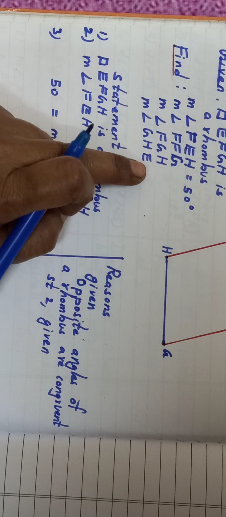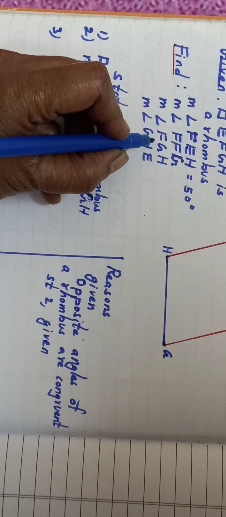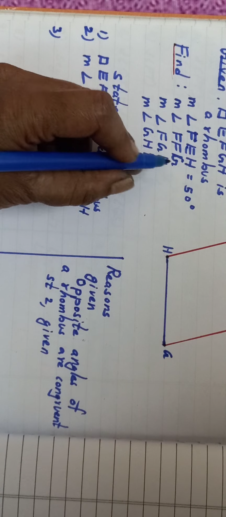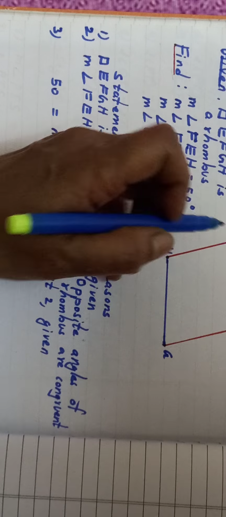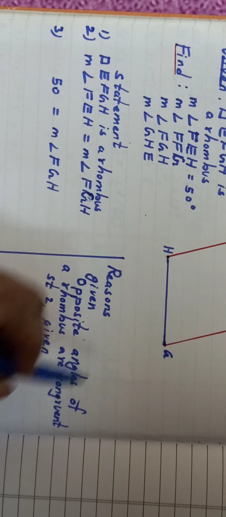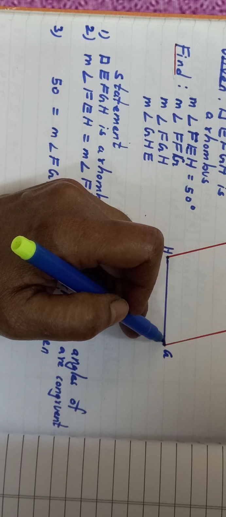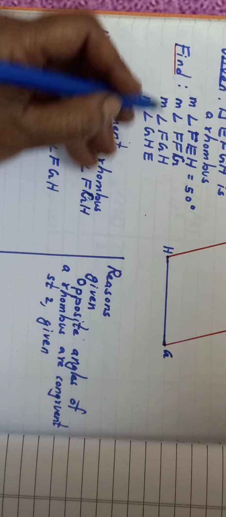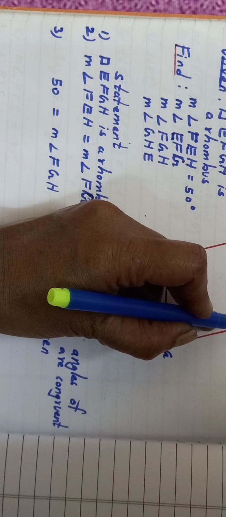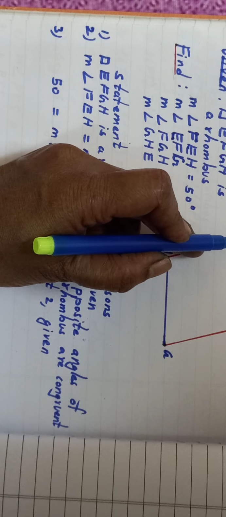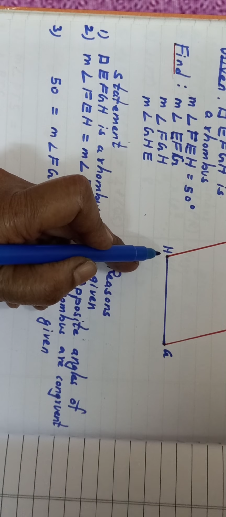Now, out of these three angles, this angle, measure of angle FGH, we already got. Now the remaining two angles we have to find. These two angles are angle EFG and angle FHG, or we can say GHE.